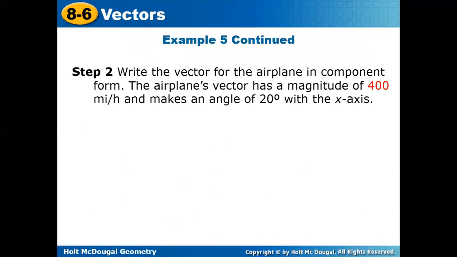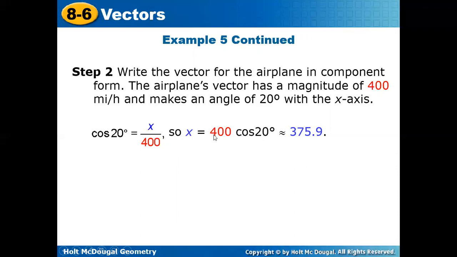Now write the vector of the airplane in component form x and y. The airplane's vector has a magnitude of 400 and makes an angle of 20 degrees with the x-axis. So we can do it directly like this. In any question, the x coordinate is equal to the magnitude, 400, times the cosine of the angle.